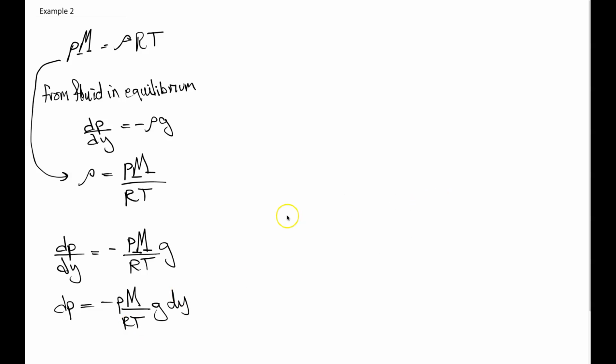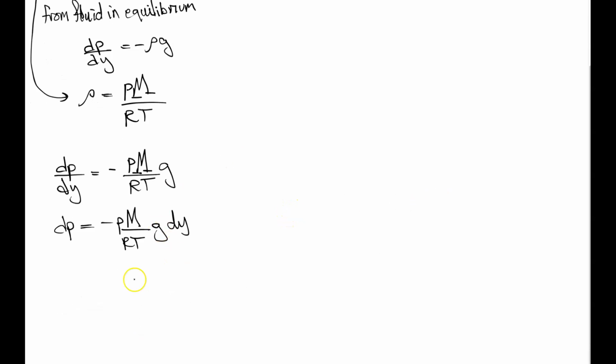And then we're going to divide both sides by P, so we get dP over P equals minus mg over RT dy.